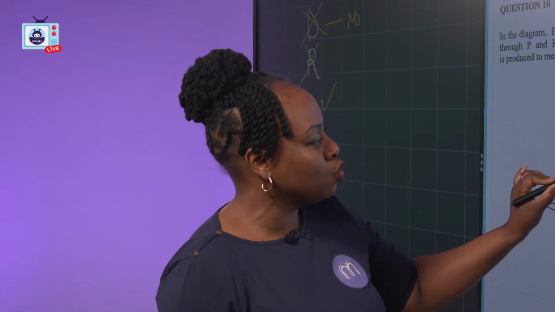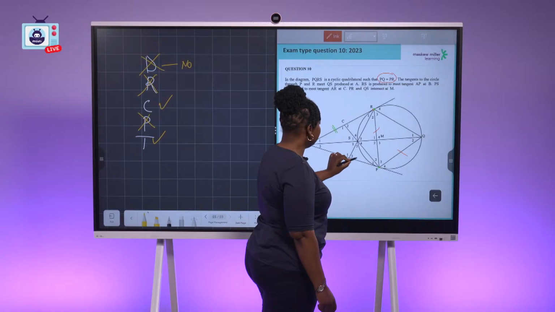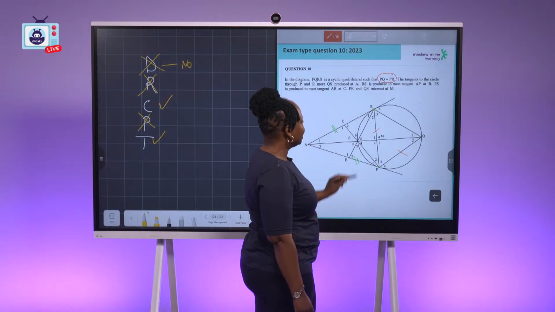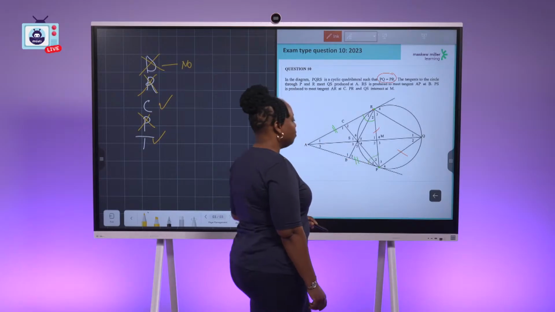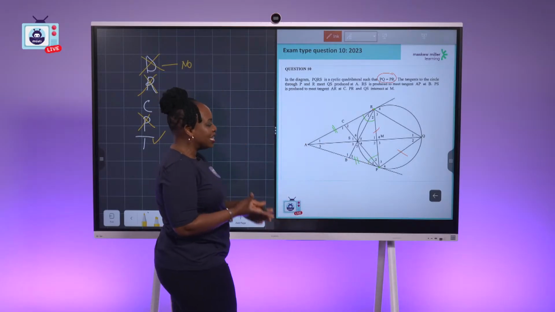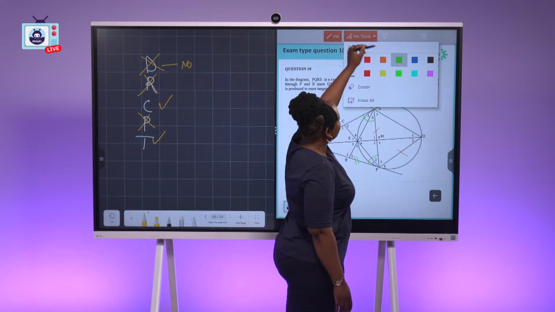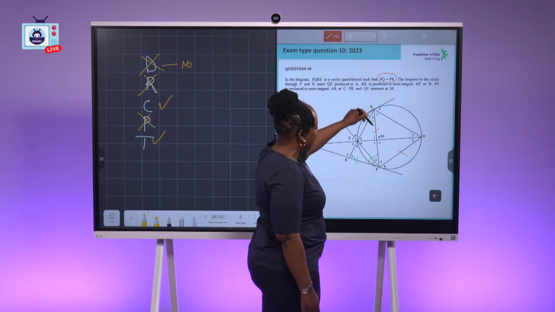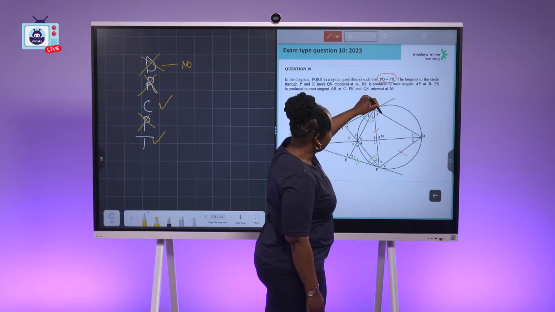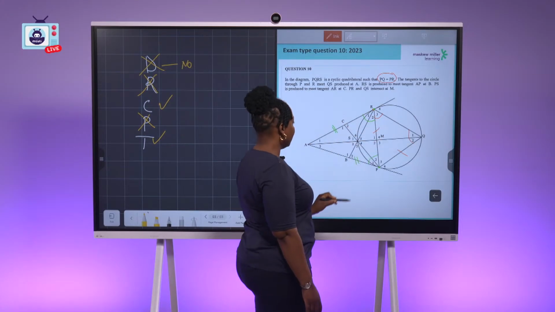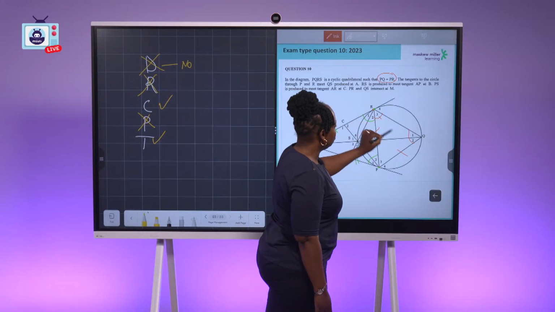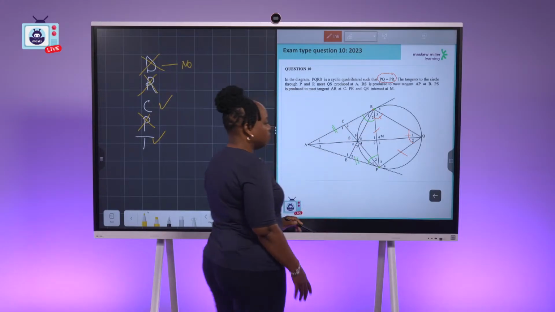And if this one is equal to that, then the angles touching through that are also equal, because we have an isosceles triangle, with PR and PQ equal, which will make these two angles also equal.